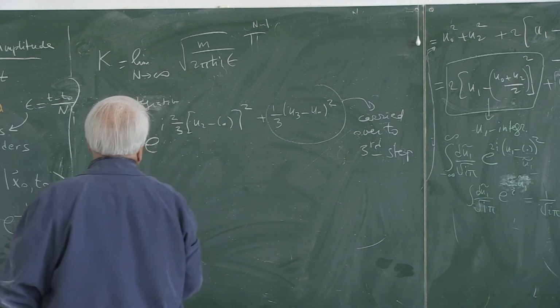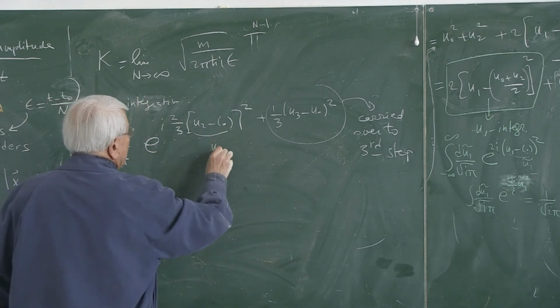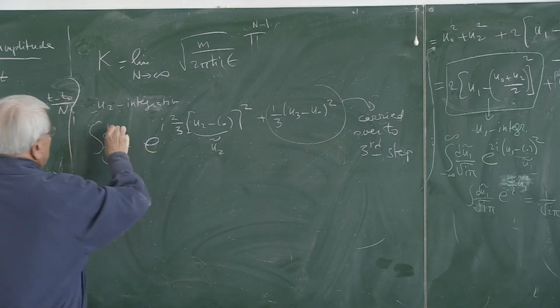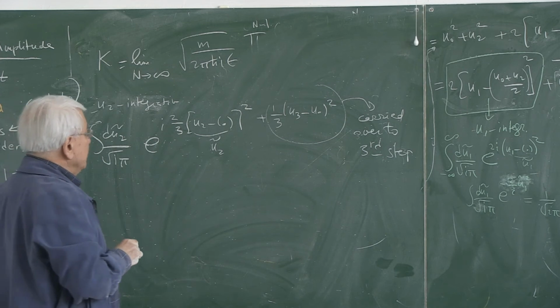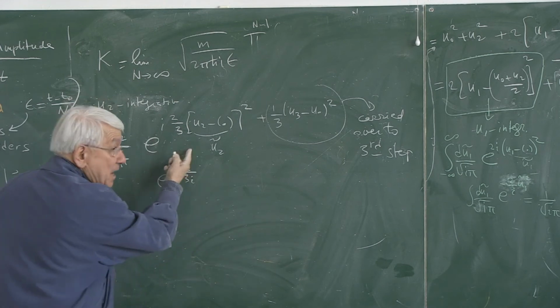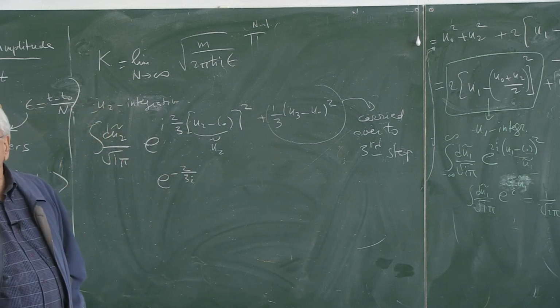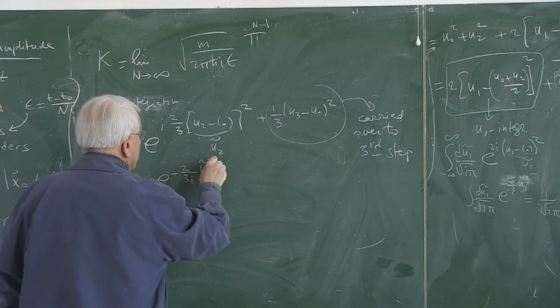What is this integral? Again, shift, call this u2 twiddle, convert this to u2 twiddle because of the infinite range of the integral, and write this as minus 2 by 3, 3i. I put the i down to get the Gaussian suppression factor, u2 bar squared.